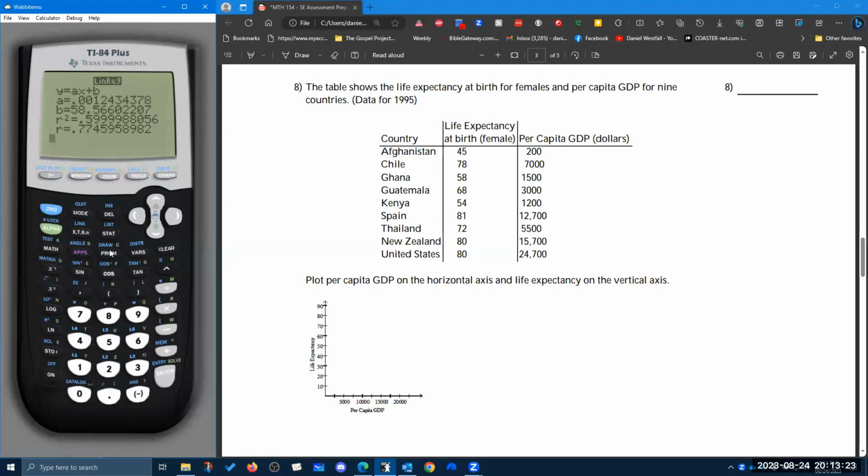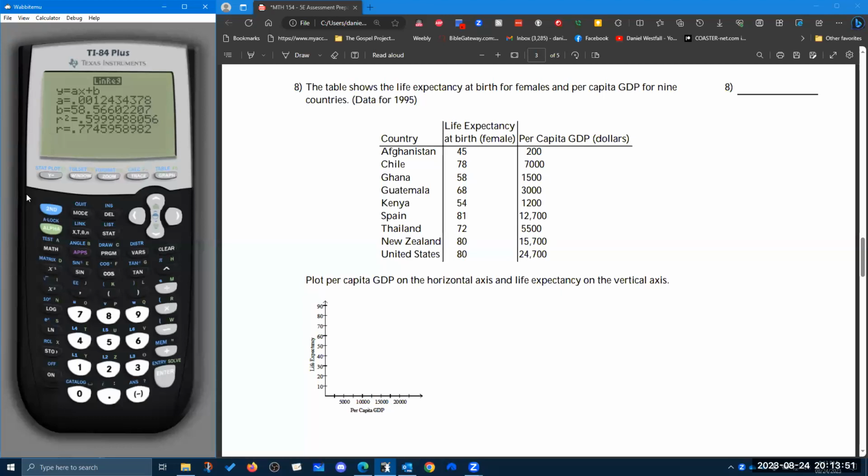Our y-intercept is given there, and our r squared is much lower than I expected. So it's about 60% of the change in life expectancy can be explained by the per capita GDP in dollars, and that leaves about 40% unexplained.